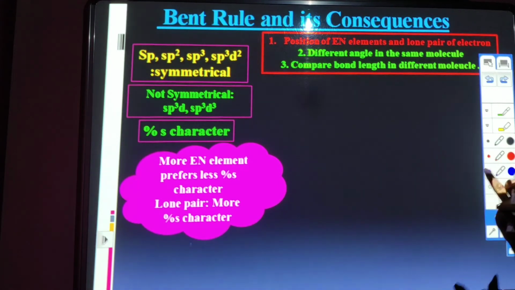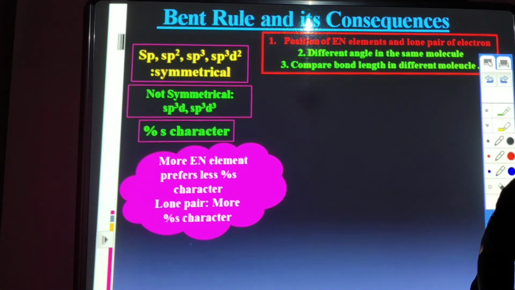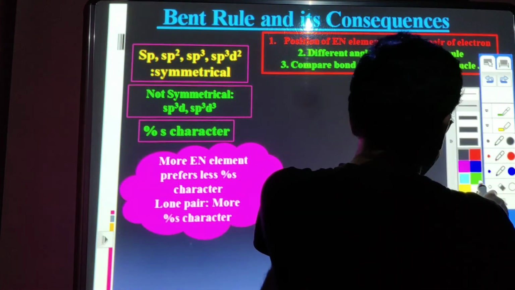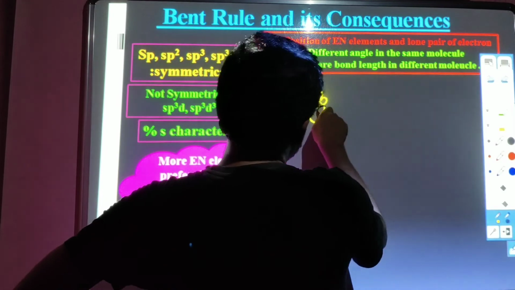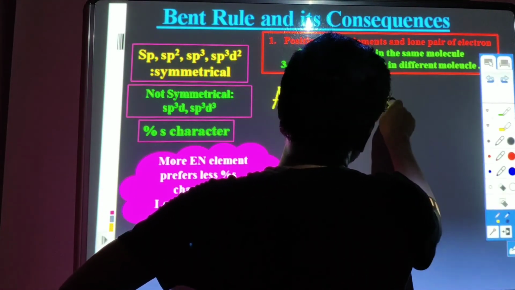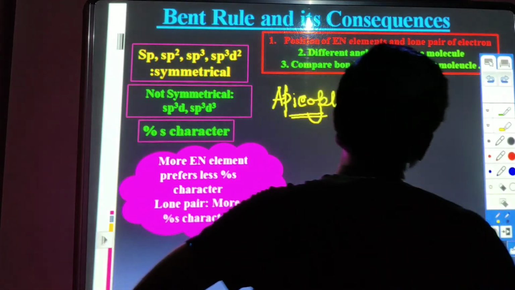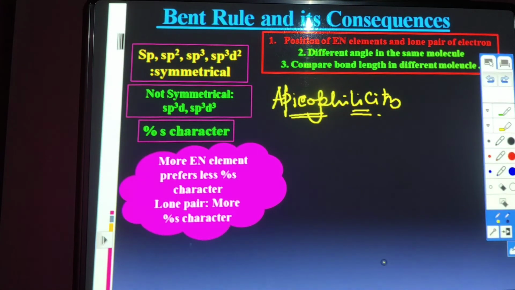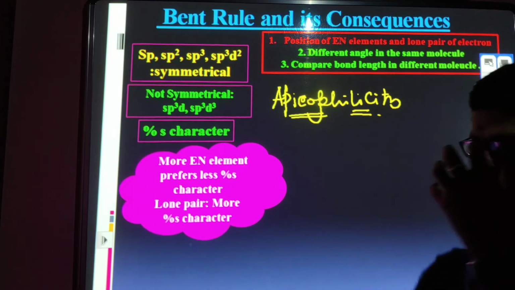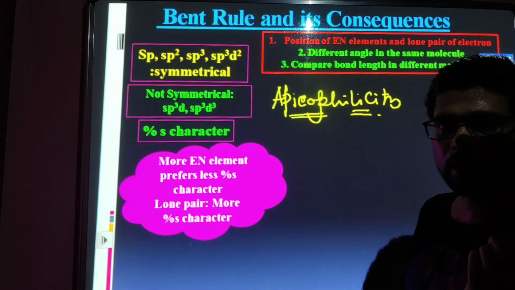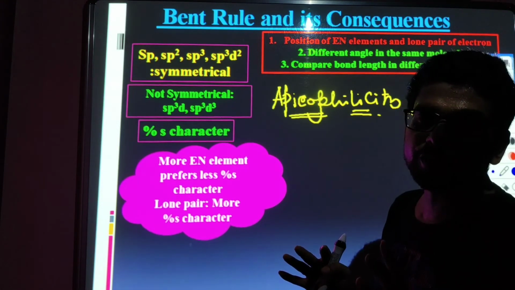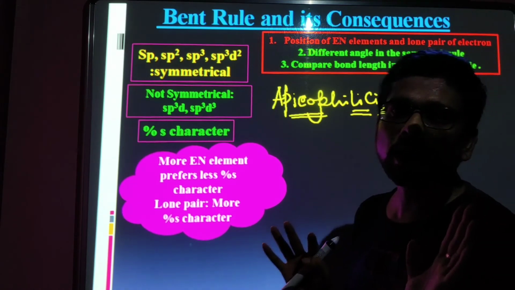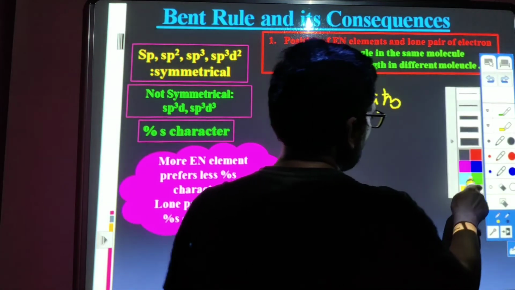One more term I will tell, that is apicophilicity. Okay. What do you mean by apicophilicity? See, the phenomenon in which more electronegative elements in TBP geometry occupy apical or axial positions is known as apicophilicity.